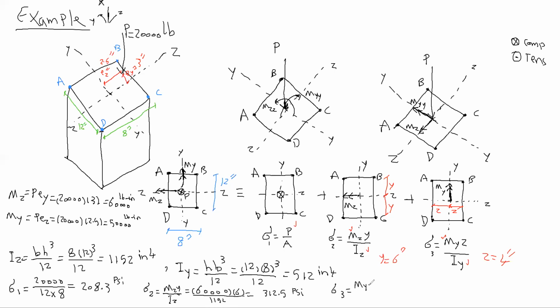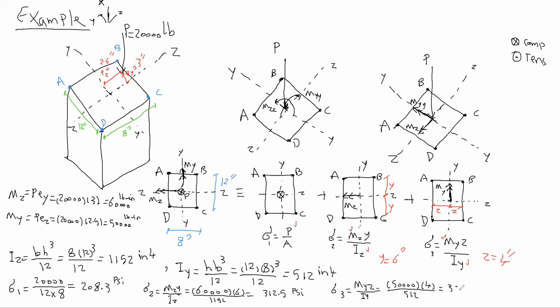Sigma 3 is MY times Z divided by IY. What is MY? 50,000. What is Z? It's 4, right? What is IY? 512, right?